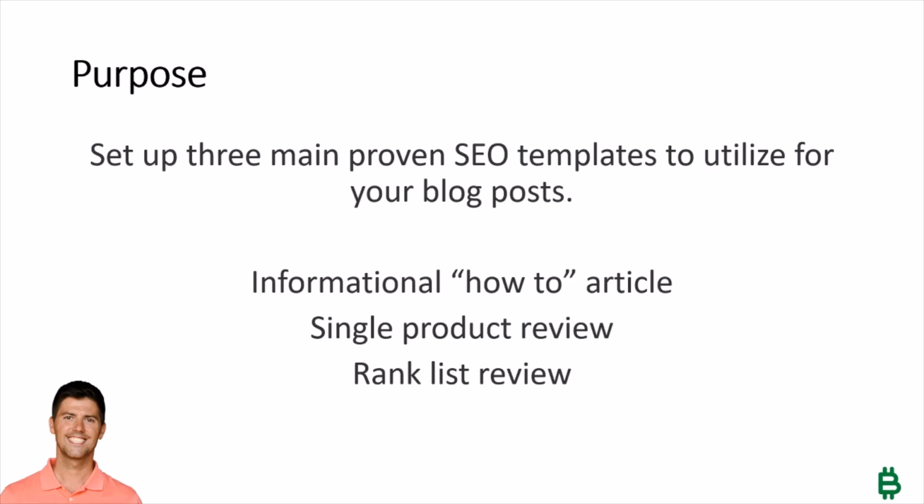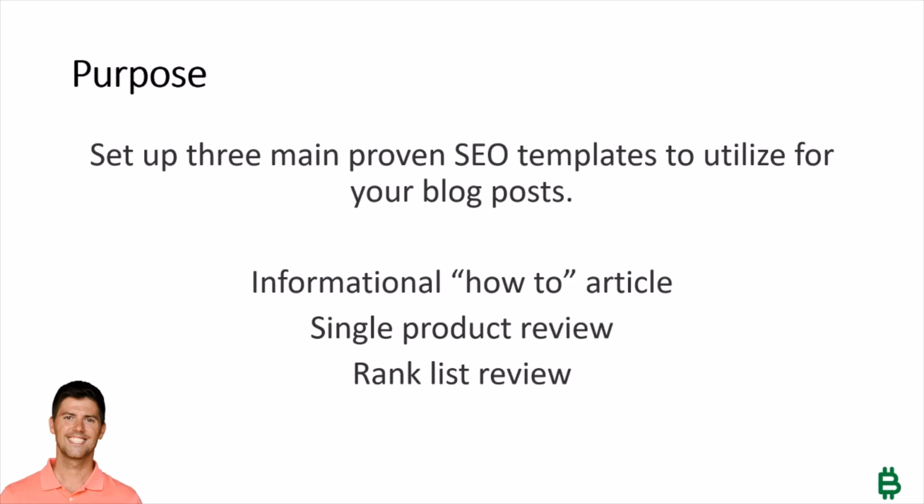And then the last one is a rank list review. So say you have a list of top 5 or top 10 best dog anxiety blankets. That could be one that we use, and that probably will be the one. We can then incorporate that into Google SEO just to drive people directly to that page, where people can quickly look.